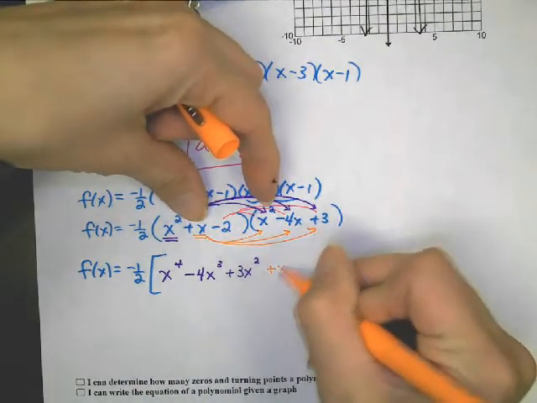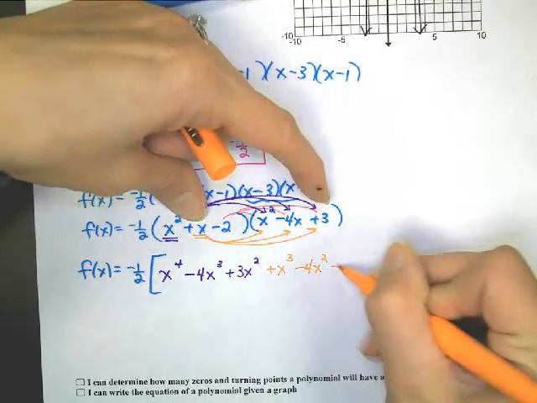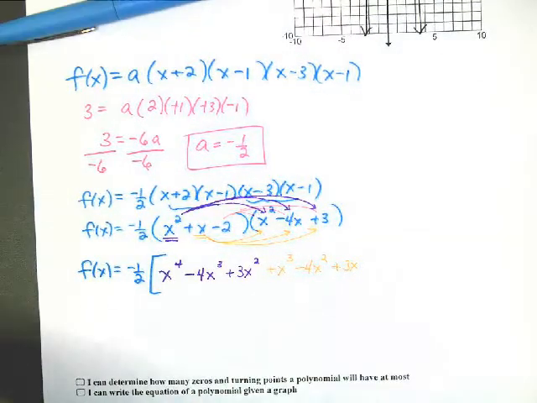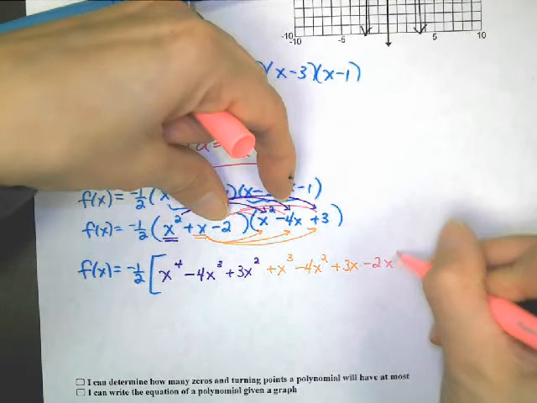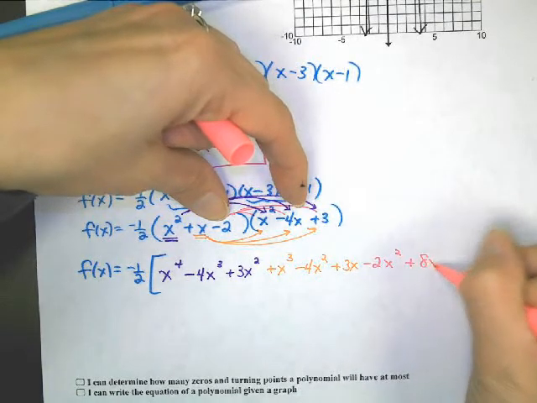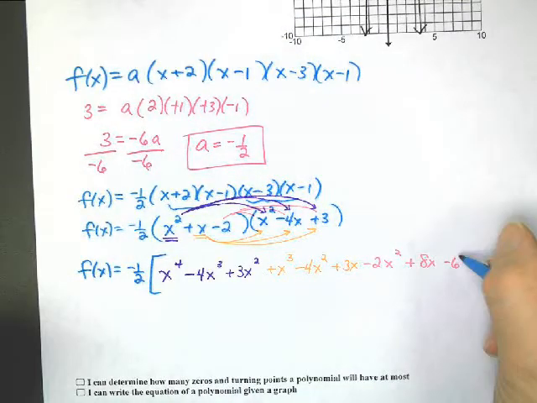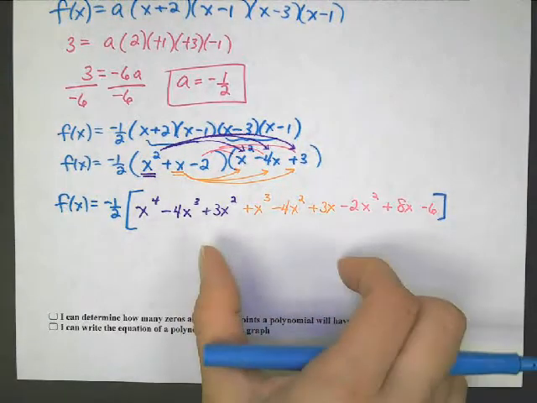That's going to be plus x cubed minus 4x squared plus 3x. Great job, orange, you're done. Pink pen, everybody needs to get negative 2. Negative 2x squared plus 8x minus 6. Close up the bracket.